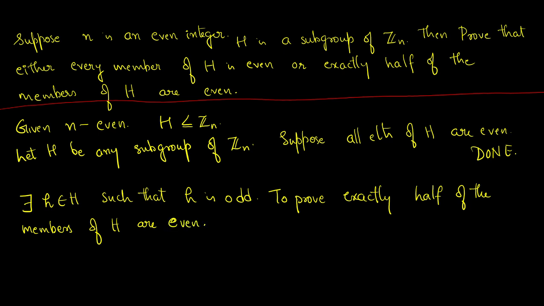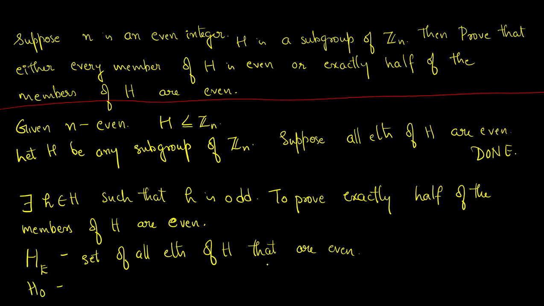All right. So what will we do? Let's consider all the elements in H that are even. Call that set HE. It is the set of all elements of H that are even. Similarly, consider HO. It is the set of all elements of H that are odd.